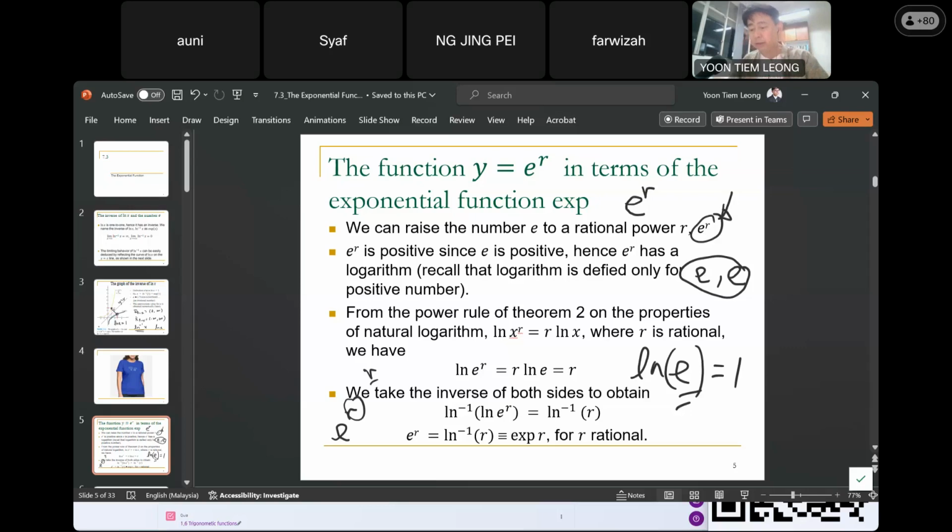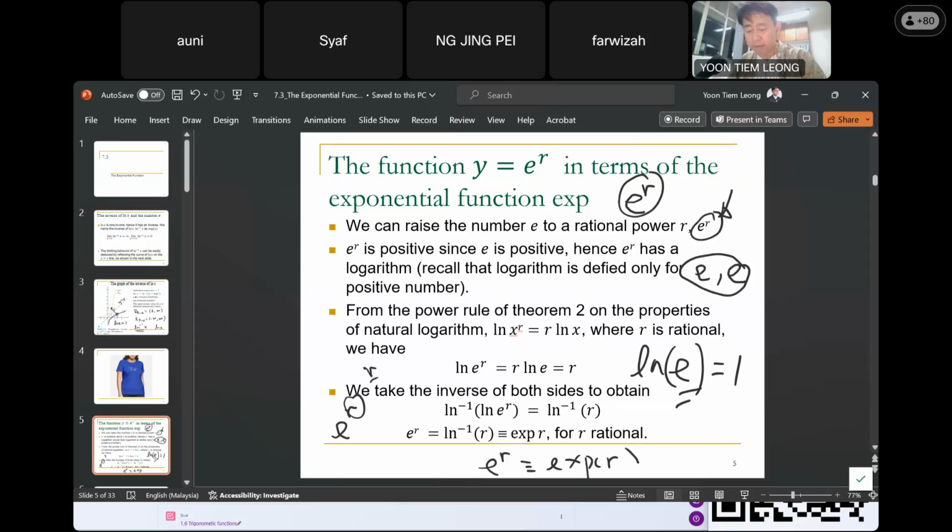Now the answer to this is that this number can be equal to just the value of the exponential of r. Here it looks like it is the same thing. The left is e power r, the right is exponential of r.